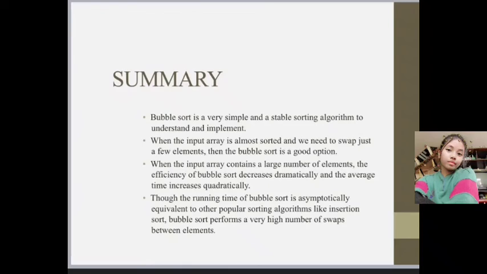When the input array contains a large number of elements, the efficiency of bubble sort decreases dramatically and the average time increases quadratically. Though the running time of bubble sort is asymptotically equivalent to other popular sorting algorithms like insertion sort, bubble sort performs a very high number of swaps between elements.